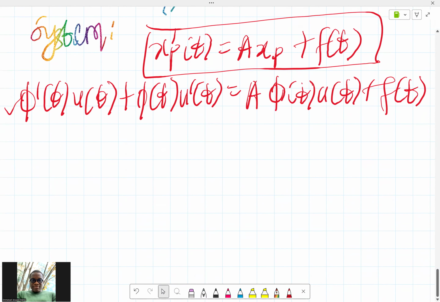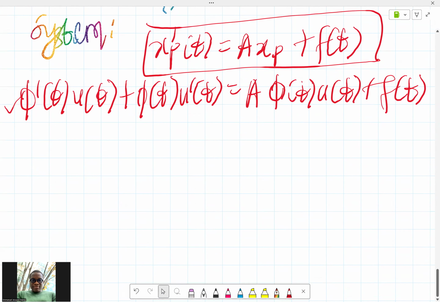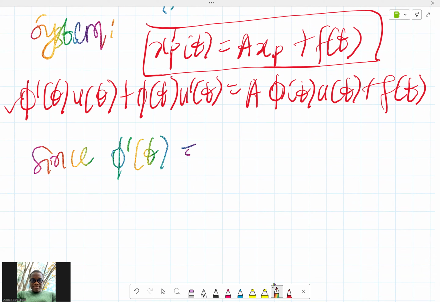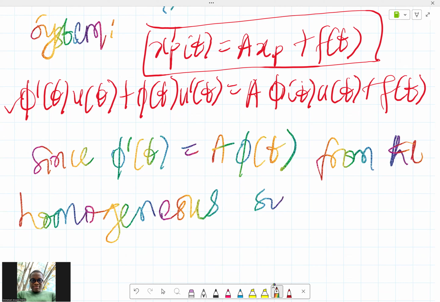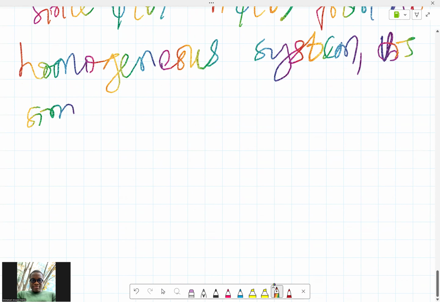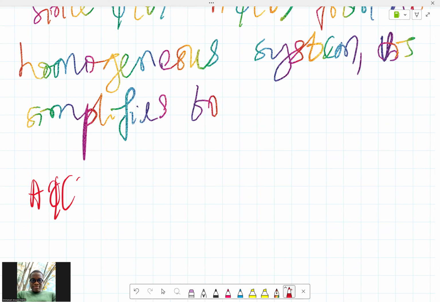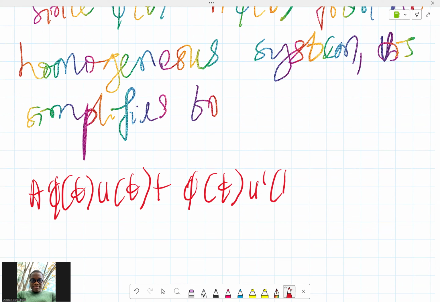With this done, we can then proceed to say, since phi prime of t is the same thing as A phi of t, that's from the homogeneous system, this simplifies to A phi of t u of t plus phi of t u prime of t.